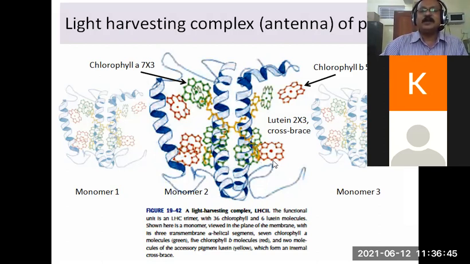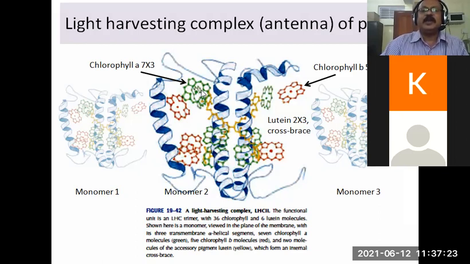Let us look at monomer number 2 here. We'll see the details of the monomer. In this particular monomer of the light harvesting complex of plants, there are 7 chlorophyll A molecules. Can you see the green color structure here? That is chlorophyll A. Can you count the structures? There are 2 structures here, 1 and 2. There is the third one here, a fourth one here, the 4th and 5th are here, and there is the 6th and 7th structure here.